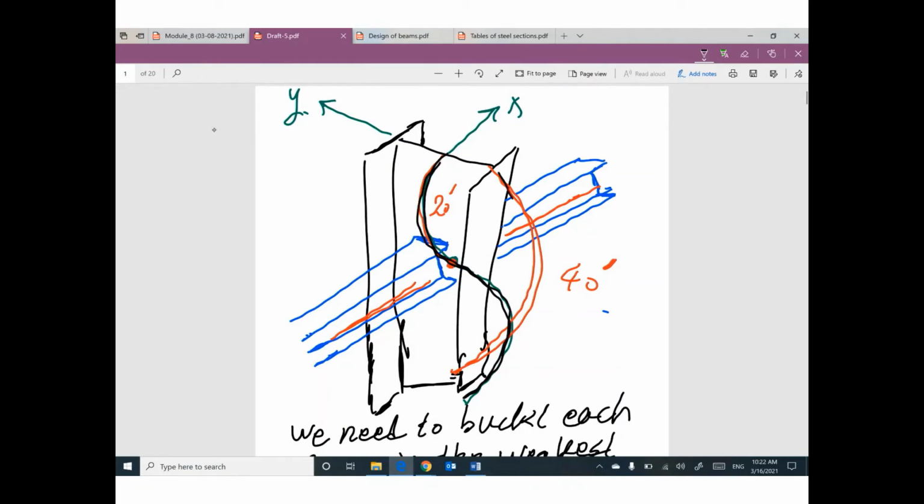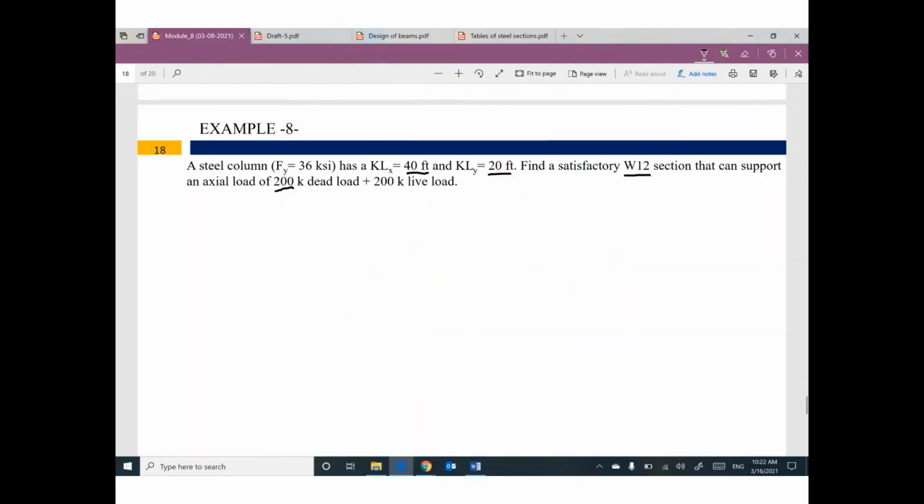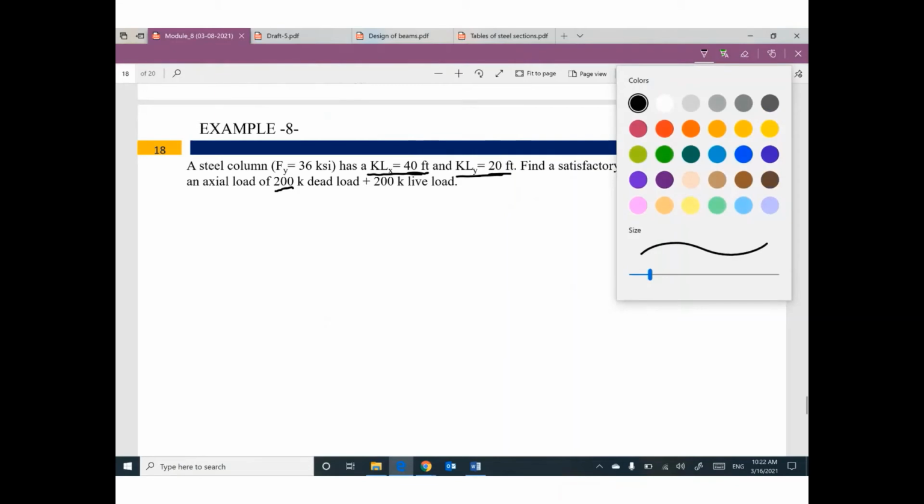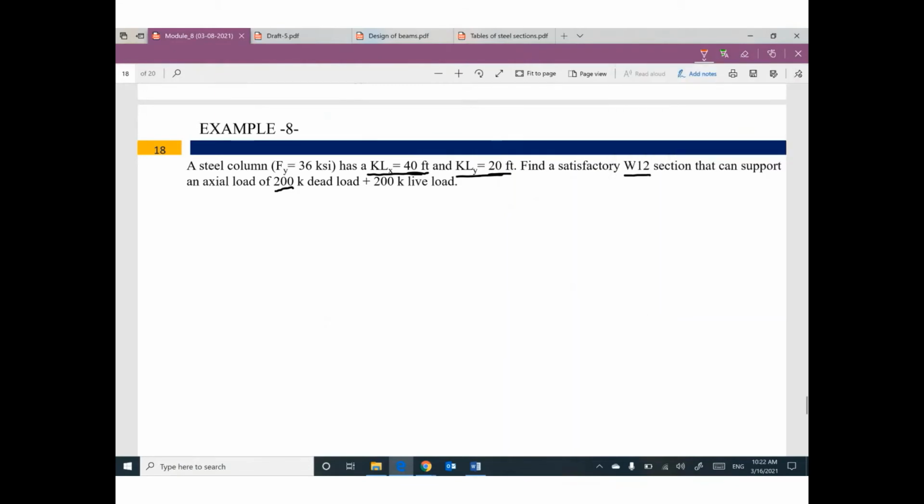But the other direction is very strong, so I will let the column buckle in one curvature. So I'm only trying to explain why this information and why this information, because one of you will say, hey, we have one column, so why is this length 40 and this length 20? Because we have something that causes this situation.